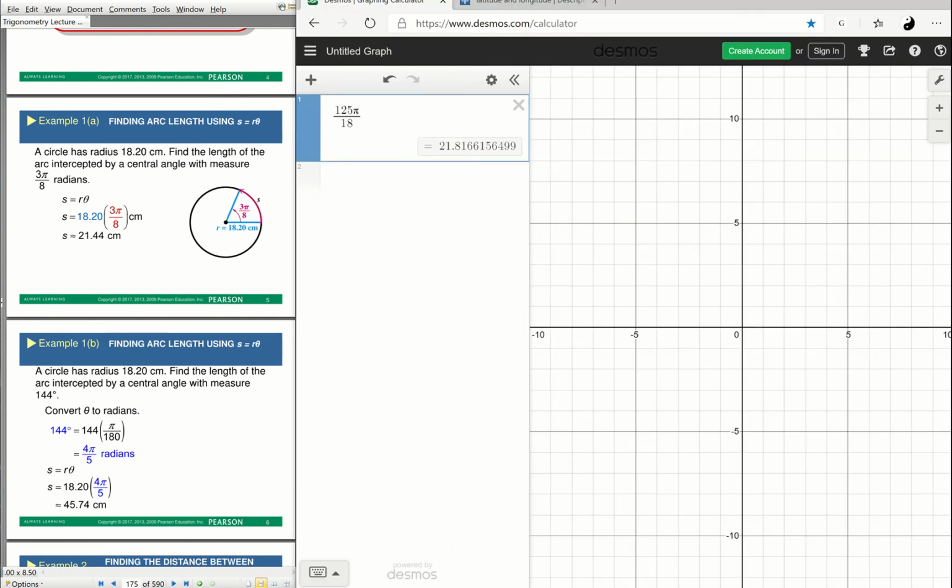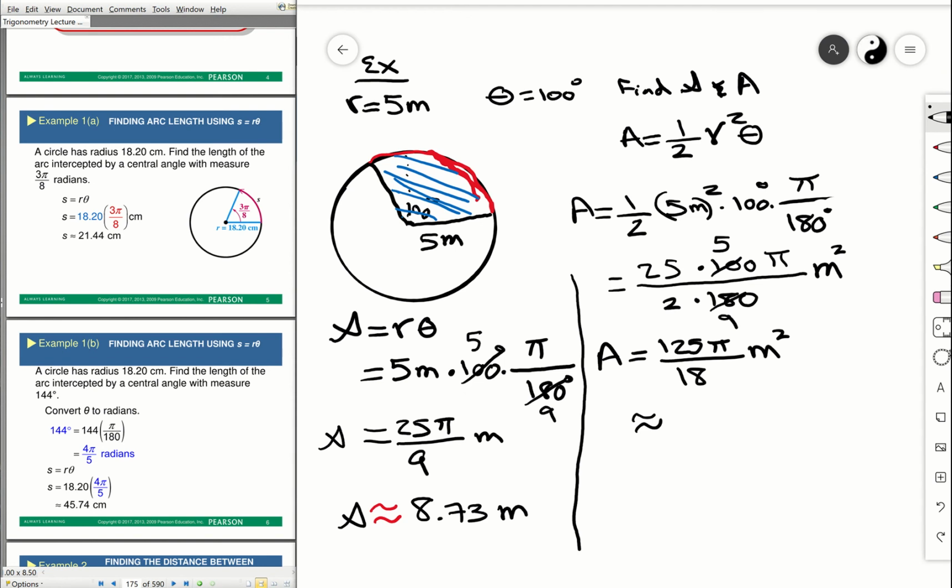So 21.82 square meters. And there is an example of the situation where the angle measure is given to you in degrees and a conversion is necessary. Go ahead and take a look at that. Make sure you absorb the material.